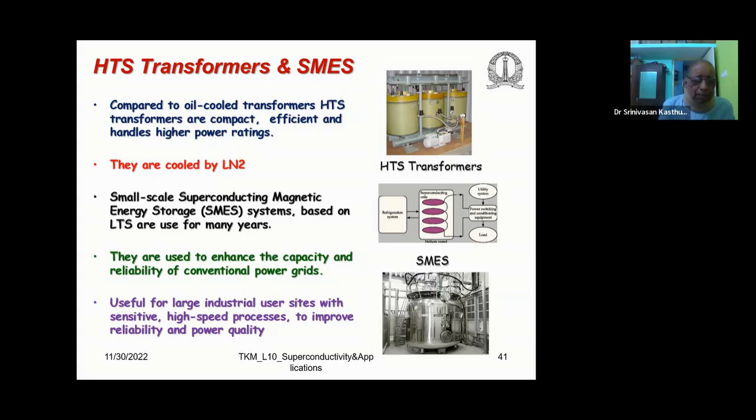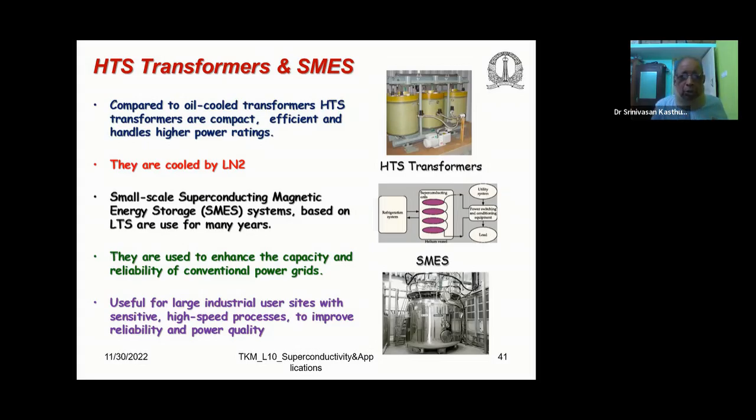Magnetic energy gets stored in large magnets, and when this energy is released, it becomes useful to take care of conventional power grids. They are useful for large industrial user sites with sensitive high-speed processes, to improve reliability and power capability.